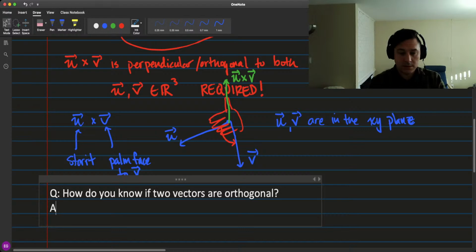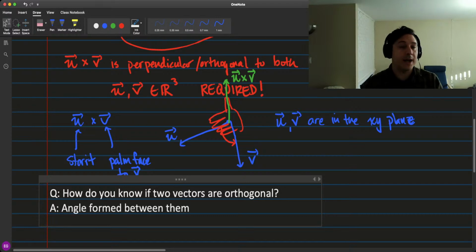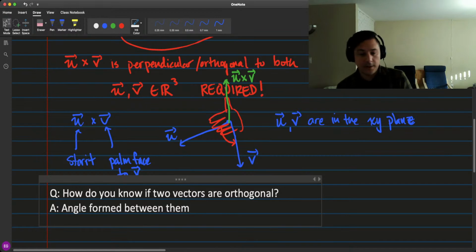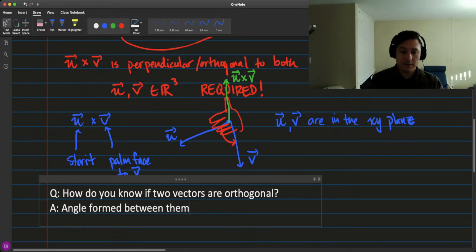You could look at the angle formed between them. But how would you actually look at the angle formed between them? Assume we can't graph.